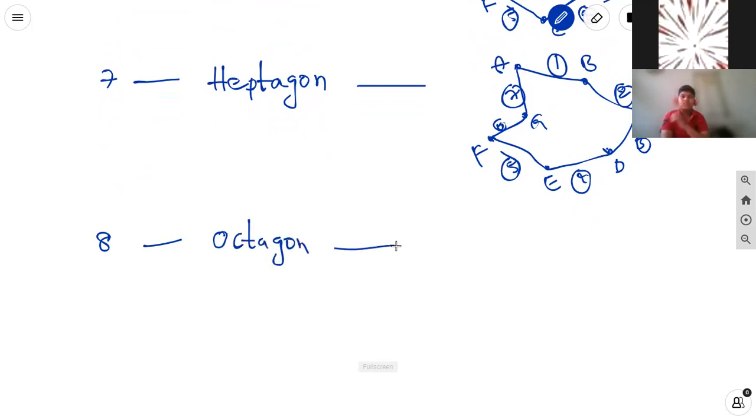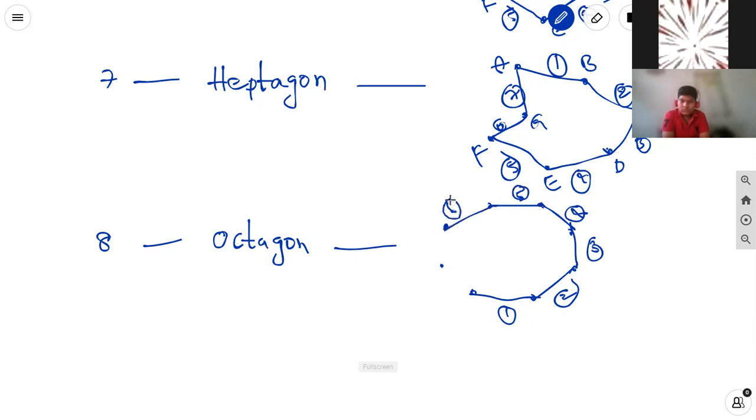Octagon. Octagon means 1, 2, 3, 4, 5, 6, 7, 8. 8 vertices.